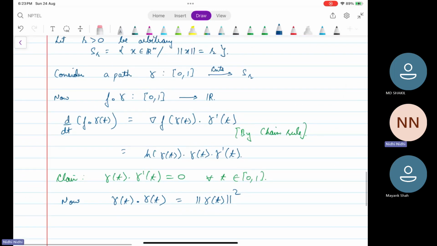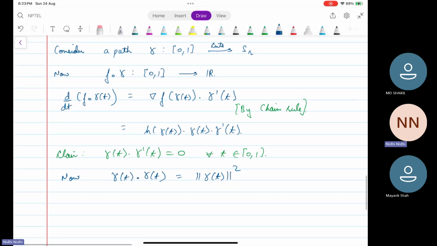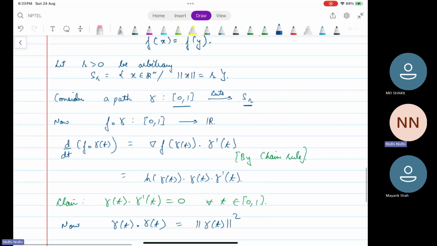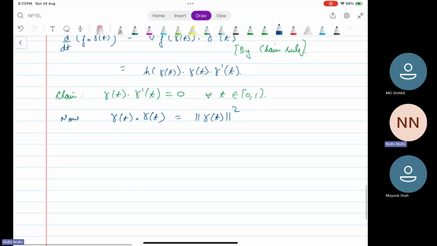This is R, because our function gamma is defined from the interval 0, 1 to S_R. So gamma t lies in S_R and S_R contains all the vectors with norm R. So this is equal to R squared. This is happening for every t in 0 to 1.